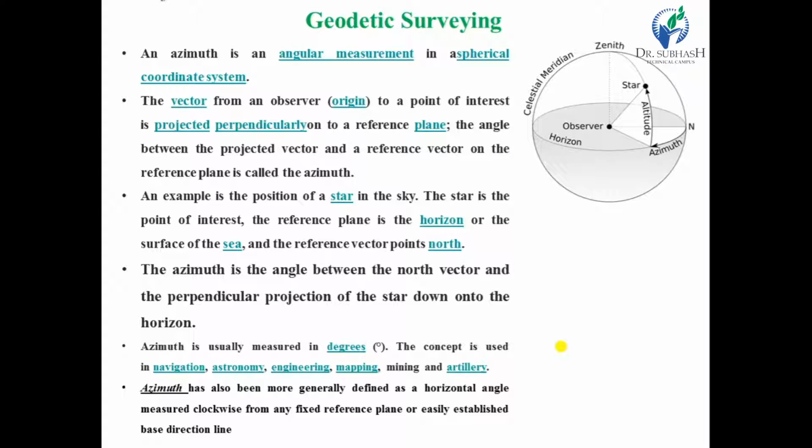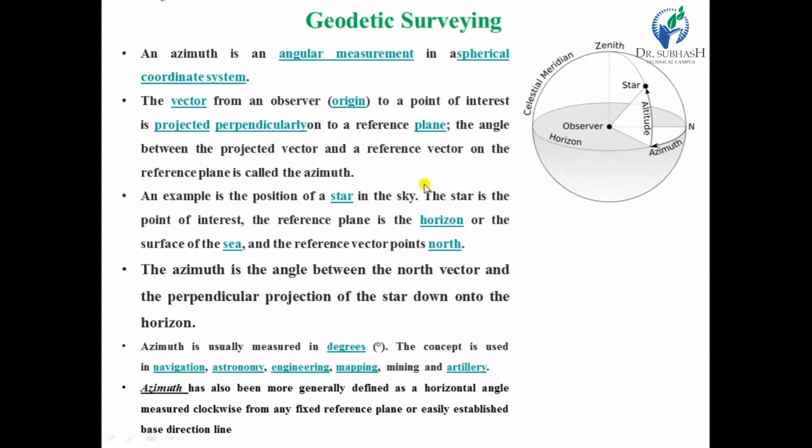The main word generally used in geodetic surveying is azimuth. Azimuth is an angular measurement in a spherical coordinate system. What is the definition of azimuth?